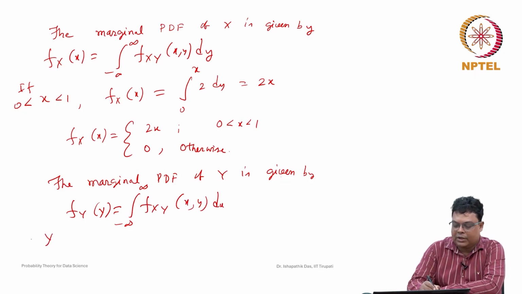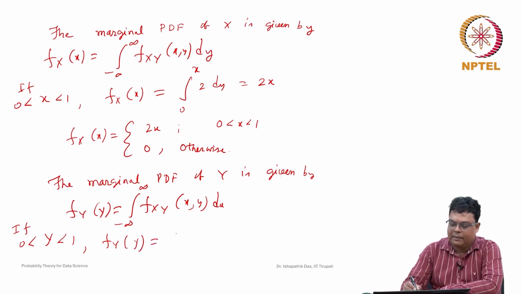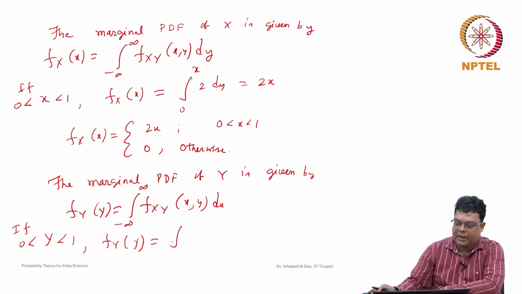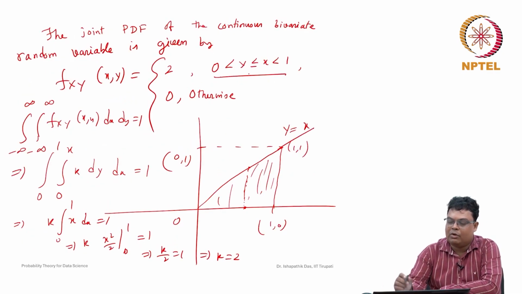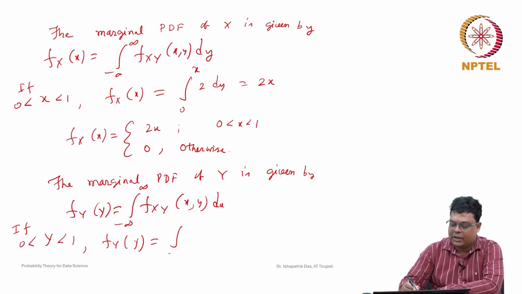The joint density is non-zero only if y is between 0 and 1. For a particular value of y, the limit of x is from y to 1, so this is the integral from y to 1 of 2 dx, which is 2 into 1 minus y.